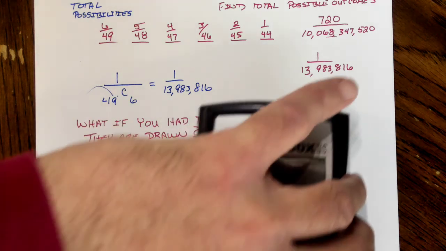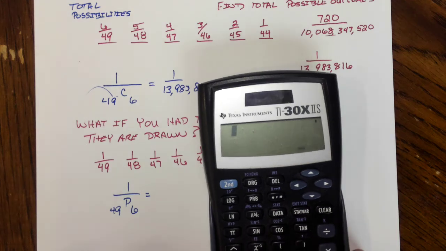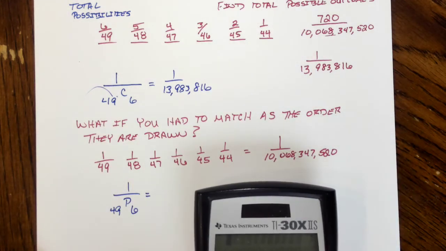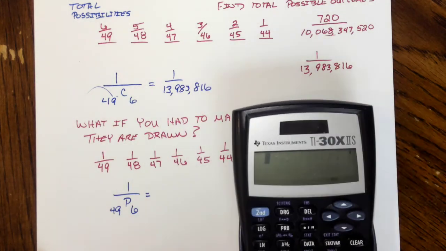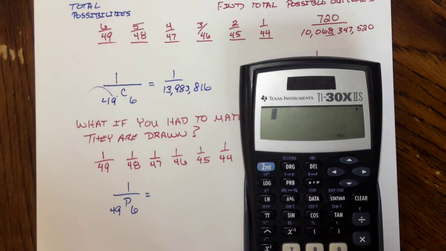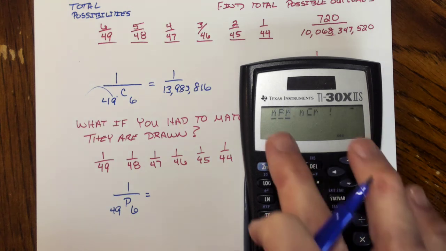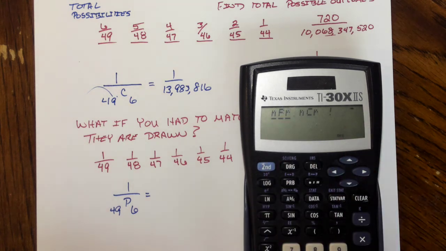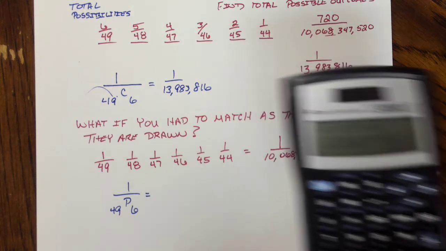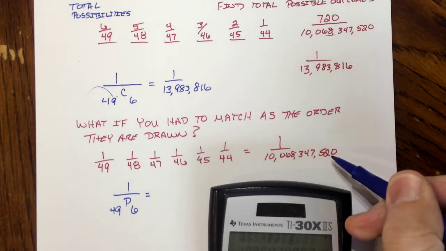And again, let's use our calculator. There we can see the answer right there. So now I've got 49 choices. Permutation, because order matters. And we want 6 of those numbers coming out of it. And again, they give it to us in scientific notation. We'll write it out like this.